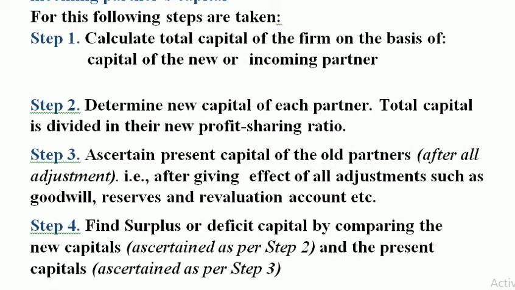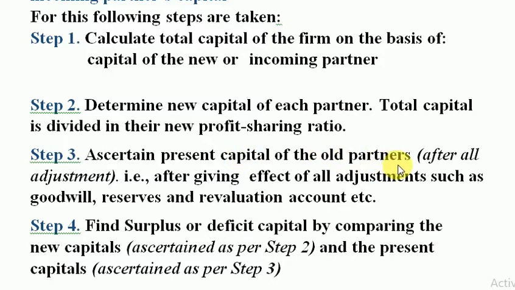Under this first method, these are the steps by which we can do the capital adjustment. The first step says calculate the total capital of the new firm on the basis of the capital of the new partner, and this may be called the new capital of the firm. Then we need to determine the new capital of each partner. That means distribute the new capital among the partners in the new profit sharing ratio. The next step, we have to ascertain the adjusted capital of old partners.